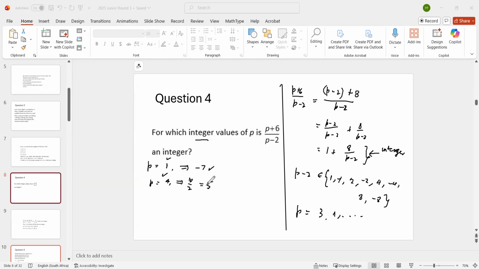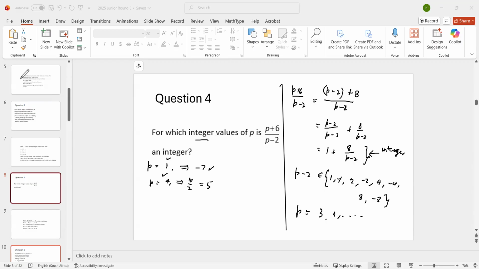We got 2 of them, right? 1 and 4, but there are 6 others which we didn't get, which we didn't even try. But that gives you all the possible solutions. That's a nice thing about this, because we are looking at all the possible factors of 8, and we know the whole lot. All right, so that tells you what the integer values of this P are, which will make that an integer.